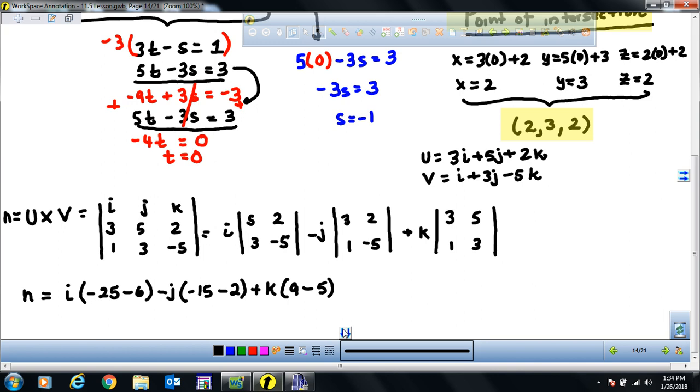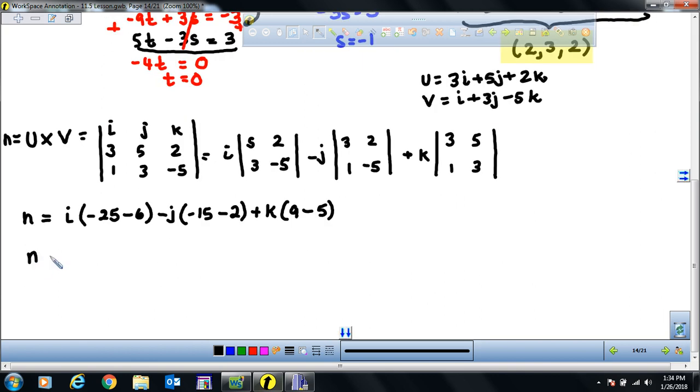And that gives us the normal vector. Negative 25 minus 6 is negative 31I. Then negative 15 minus 2 is negative 17, times negative J is plus 17J. And 9 minus 5 is plus 4K.